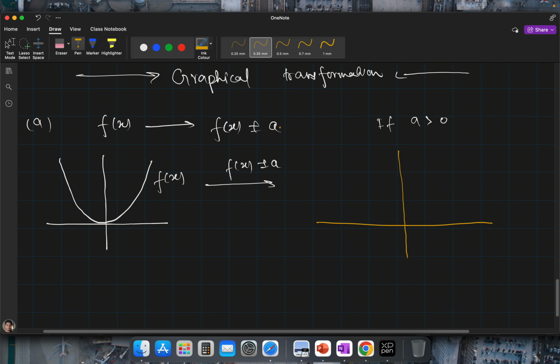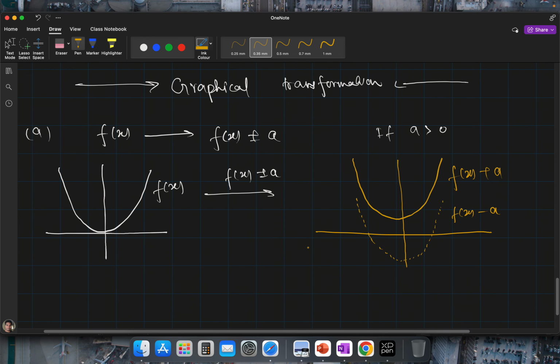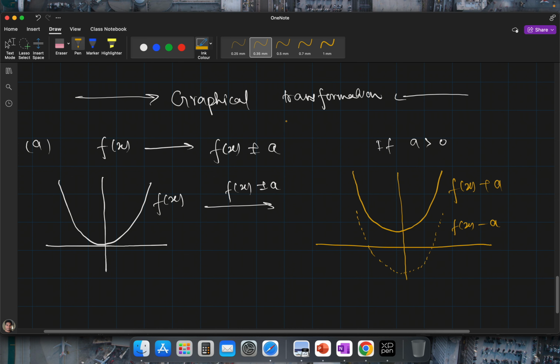So you can see that if this is f(x), then the graph of f(x) plus a will be this, and the graph of f(x) minus a will be this. So this is the graph of f(x) minus a. This is nothing but the vertical translation.